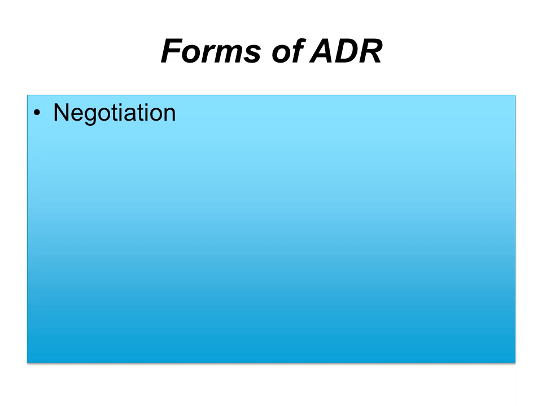One of the most common forms of ADR is negotiation. Negotiation is when the agents for the parties involved, these agents being attorneys, work together and try to resolve the conflict without any form of mediation or arbitration, either court-related or voluntary private.